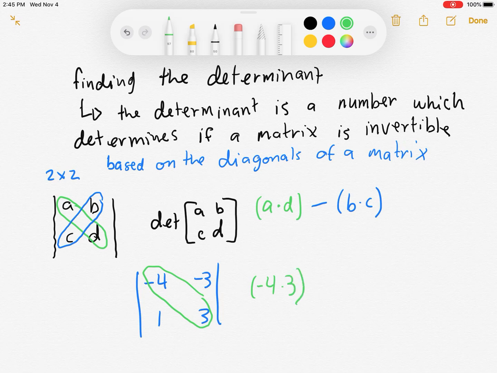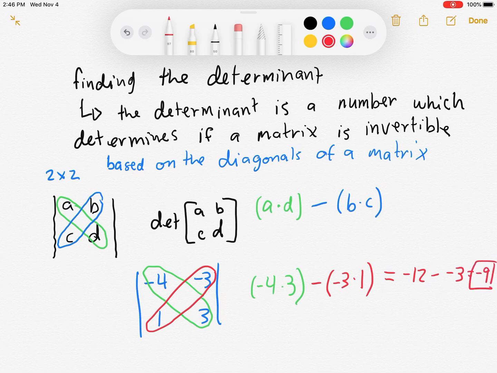And we subtract out the other diagonal, which in this case is -3 times 1. We get -12 minus -3, or -9. It's as simple as that. We get our number. It tells us some information about the matrix.